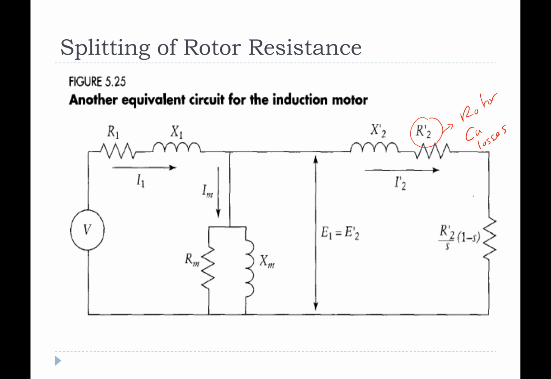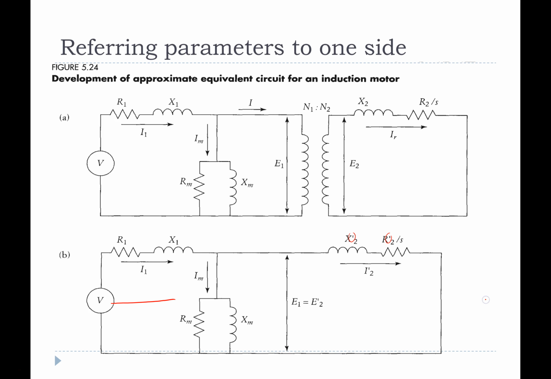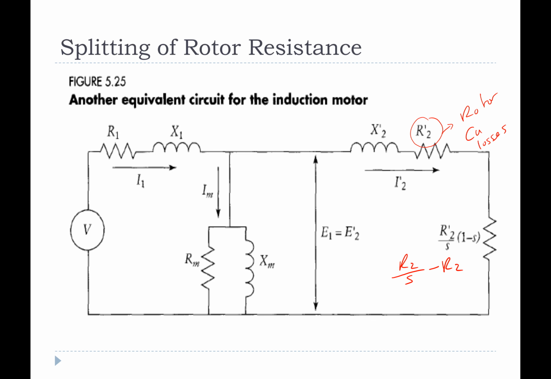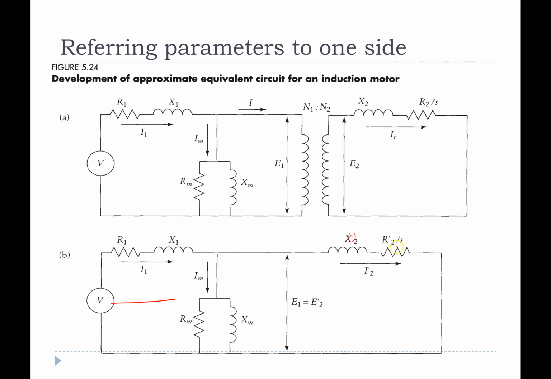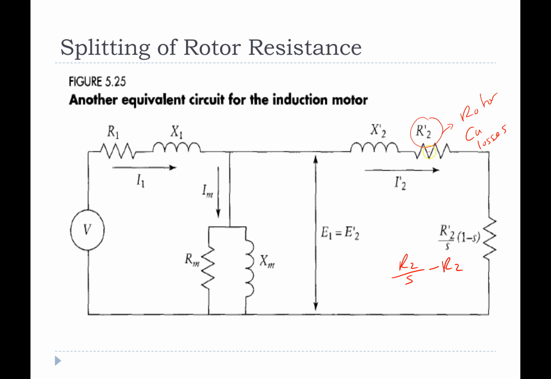If we say R2 on S minus R2, that gives us R2 on S multiplied by 1 minus S. All I did was take R2 on S and subtract R2 and put it separately, and the remainder is this.